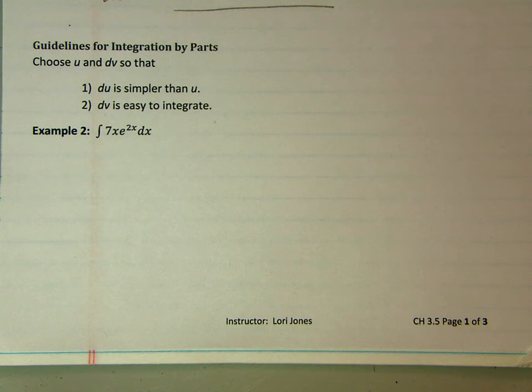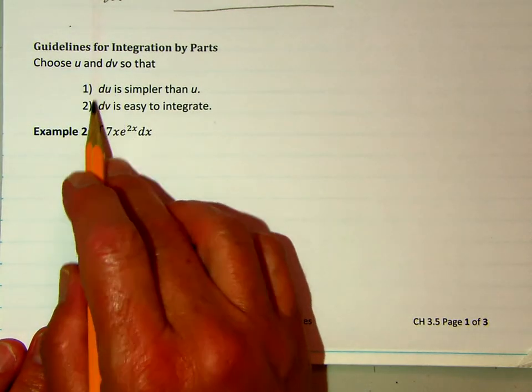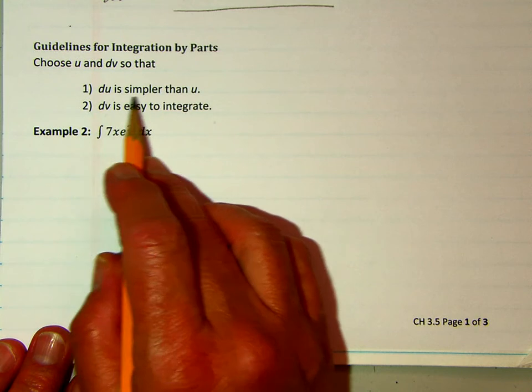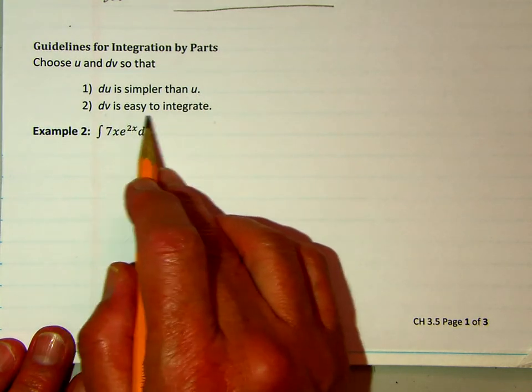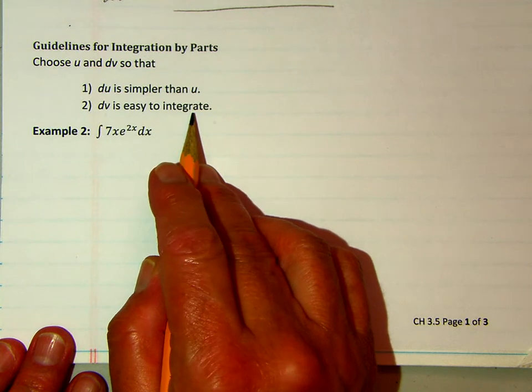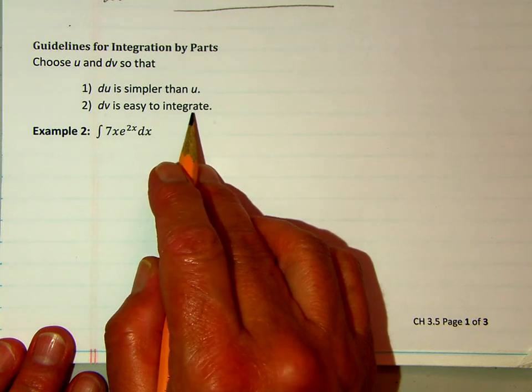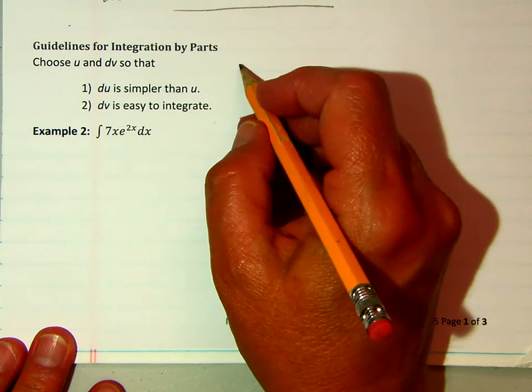Guidelines for integration by parts. You want to choose u and dv so that du is simpler than u and dv is easy to integrate. So like I mentioned in the previous example, frequently if I have an e to some power, I will select that to be the dv. Now just to remind you what the formula is where we can see it.